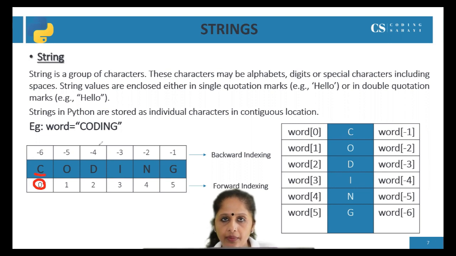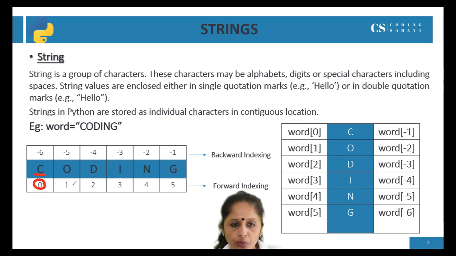Word is the variable, and in the word variable we have a group of characters. There are a total of 6 letters. In the 0th position we have C, in the first position O, second D, third I, fourth N, and fifth G. Every time, the indexing starts with 0.